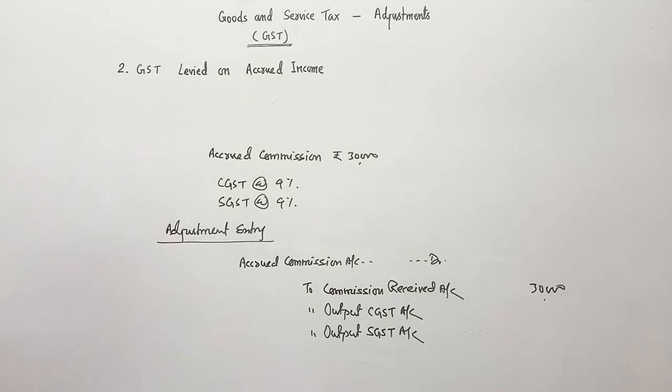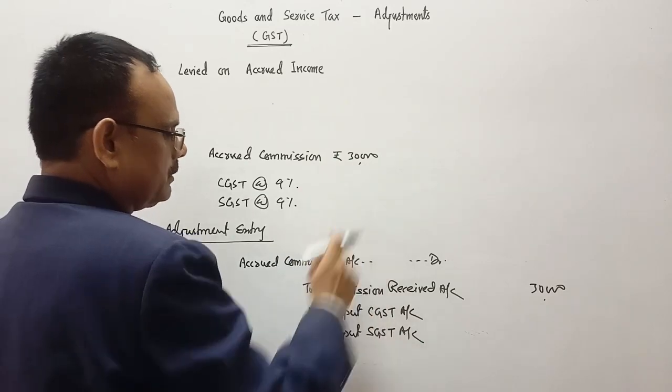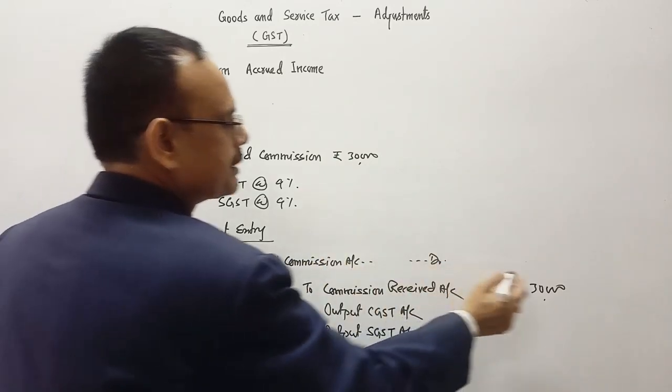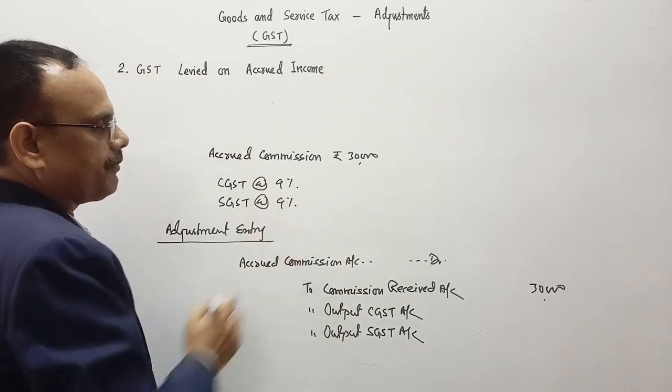You calculate the CGST at the rate of 9%.